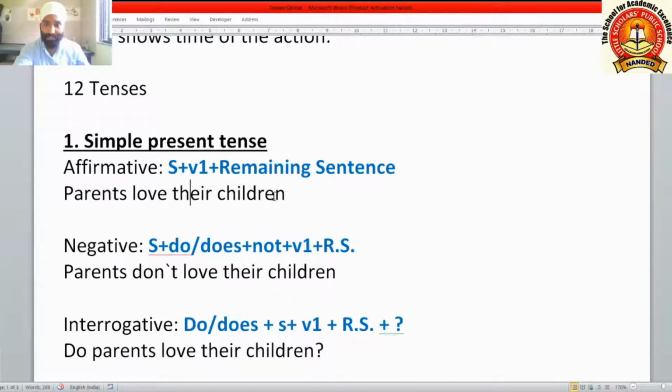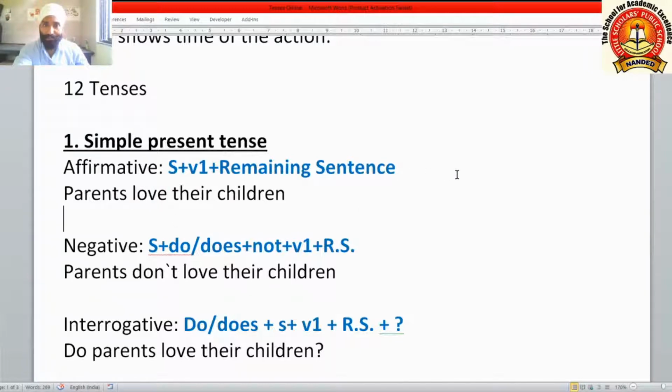Parents love their children. Here 'their children' is the object, which is the remaining sentence. Parents is the subject, love is the V1 form, and their children is the object. So here any helping verb is not present. The S form of the main verb is also not present.